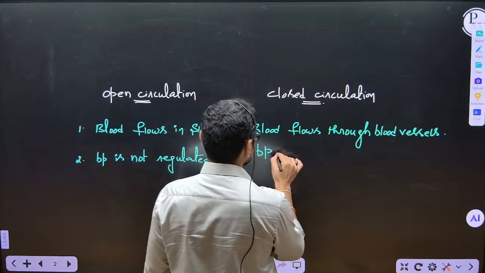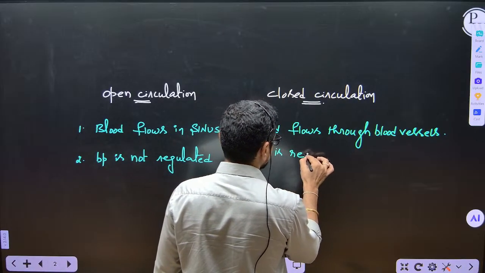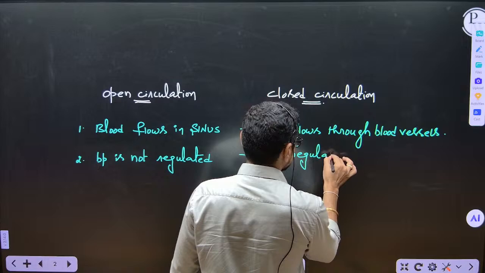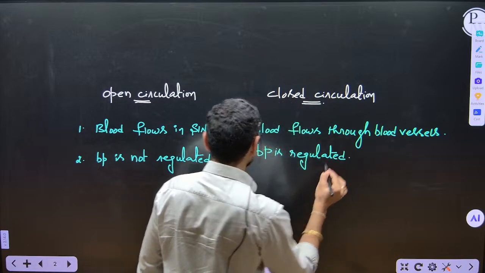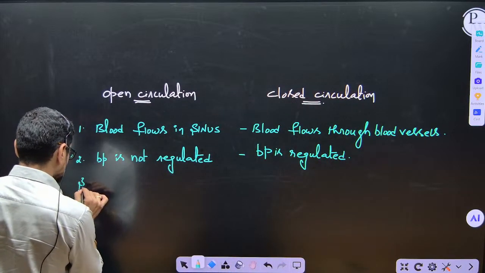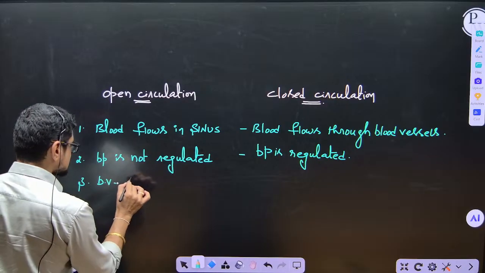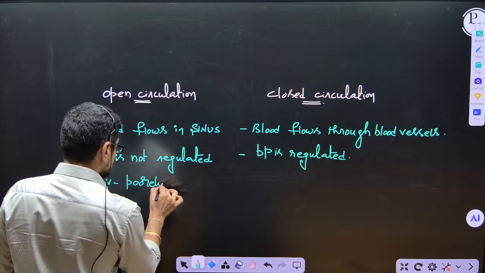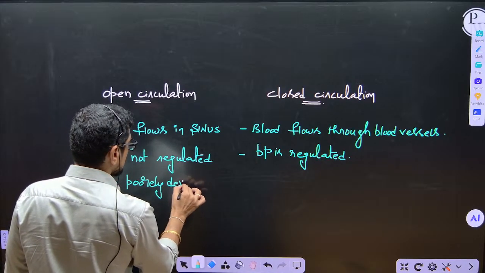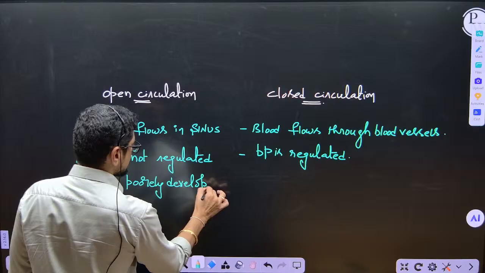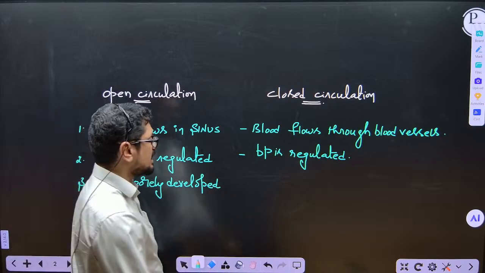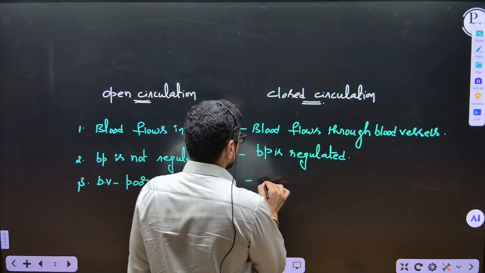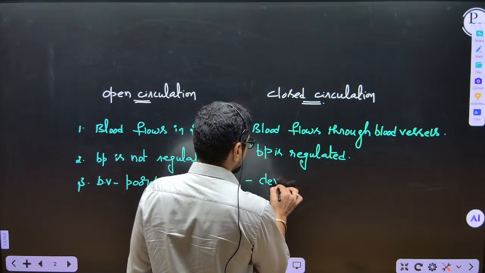But here blood pressure is regulated. That is the difference. And the third difference: here blood vessels are poorly developed, not that much developed. But here blood vessels are developed.